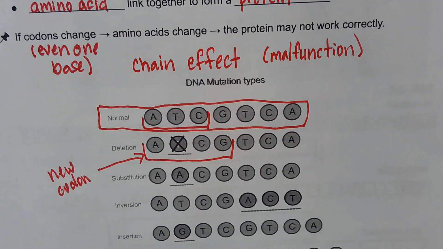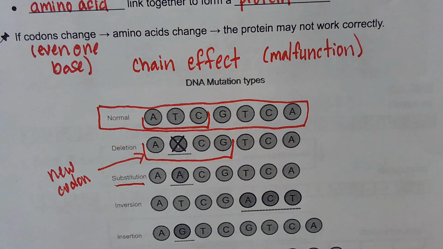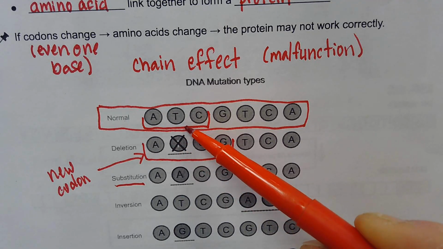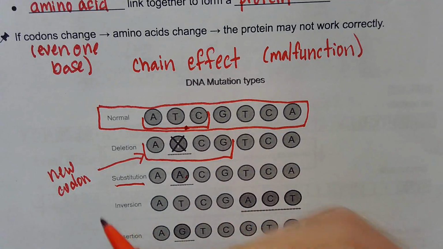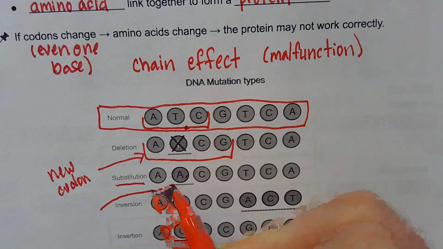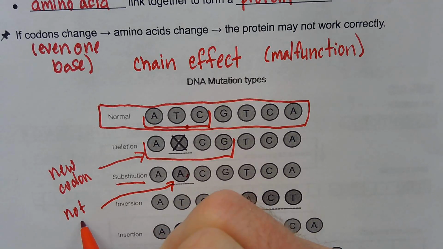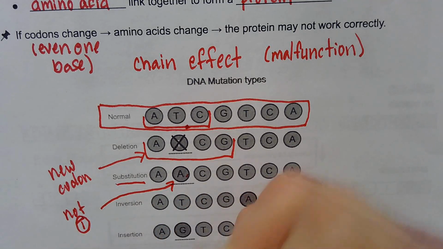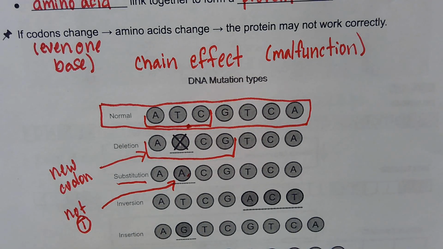All right, so in this case, with substitution, what happened is this is supposed to be a T, and now it's the letter A. So it's not T, it's supposed to be T. That thymine came out and an adenine went in its place.